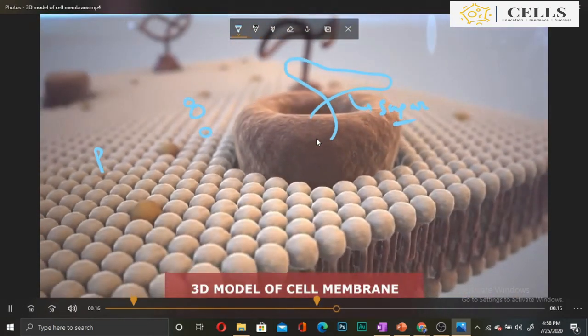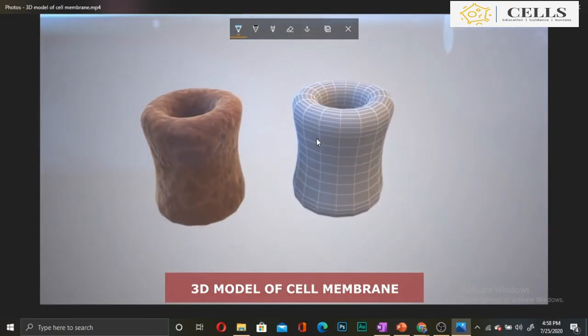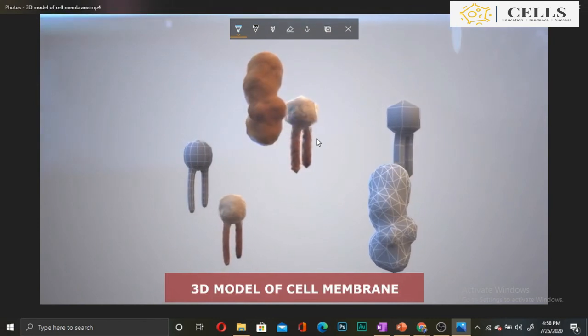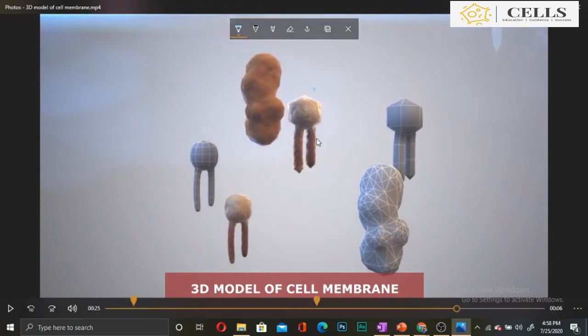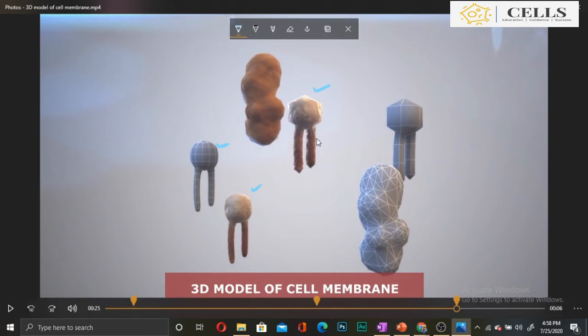This is a 3D view of the total membrane having a bilayer format. As I have told you, phosphatidylcholine, phosphatidylinositol, all these are different kinds of membrane lipids. The number of phosphatidylcholine on the exoplasmic phase is much higher than the number of other phospholipids.